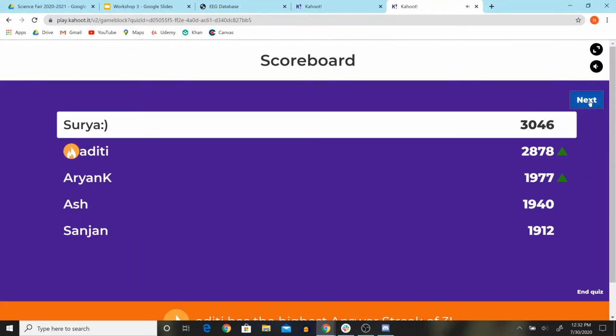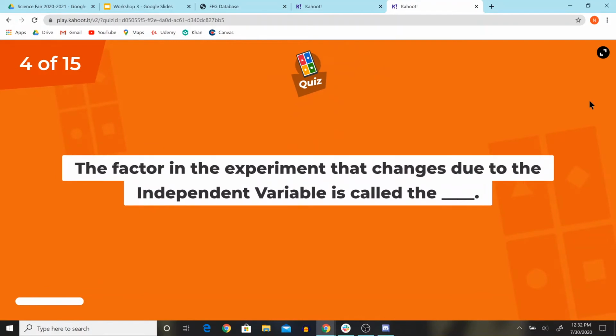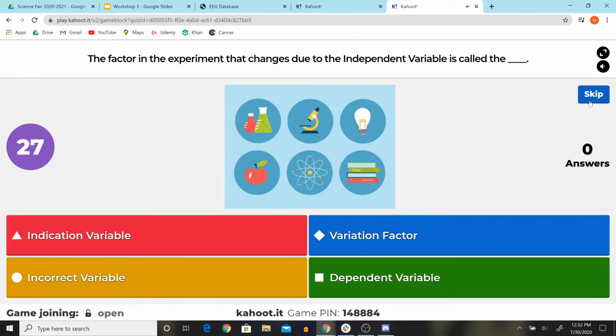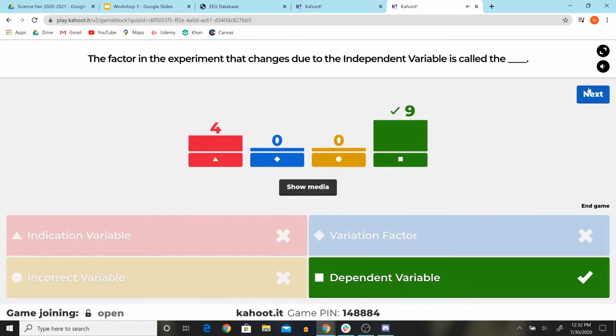Ooh. Okay, guys. Question 4. The answer is triangle. Oh yeah, wait, did we not? It is. Do you want me to skip it? I can skip it. No, I'm joking.